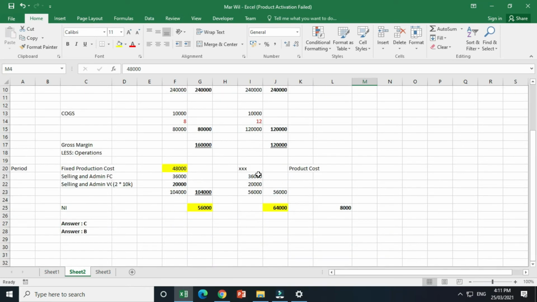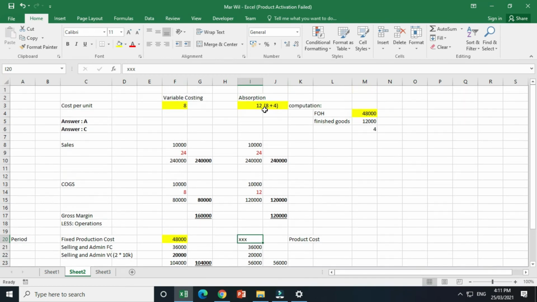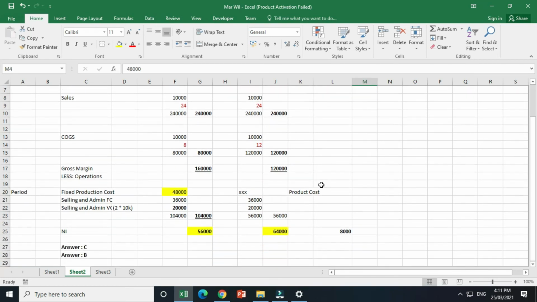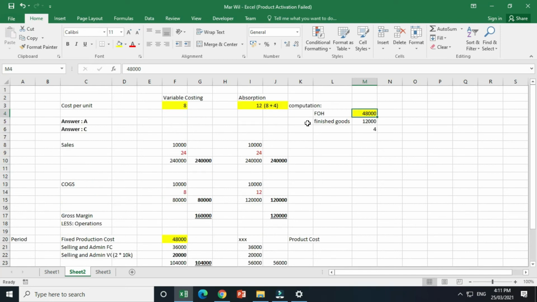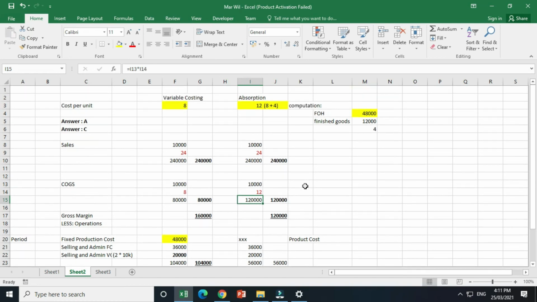And like in absorption costing, where only 10,000 is being applied because the others are still part of the finished goods. So 10,000 times 12, 120,000. In other words, a cost of around 24,000 is still in the inventory.